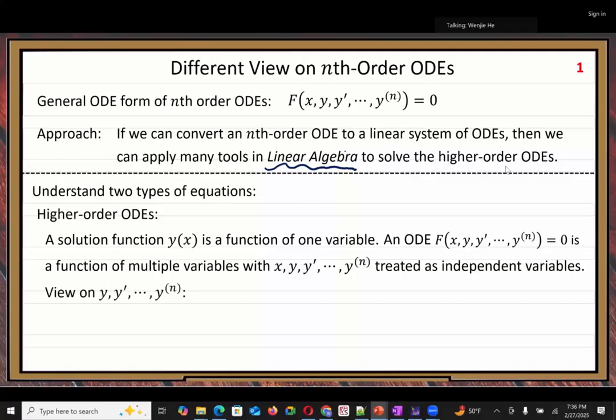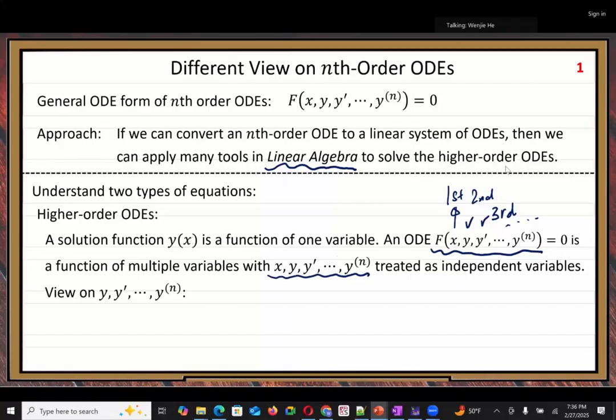So because of this capital F function, when we write this way, we treat each y expression as a variable. Okay, so x is the first variable, then y the second variable, y prime takes the position of the third variable, and so on. So here, can we introduce new variables to represent these symbols?